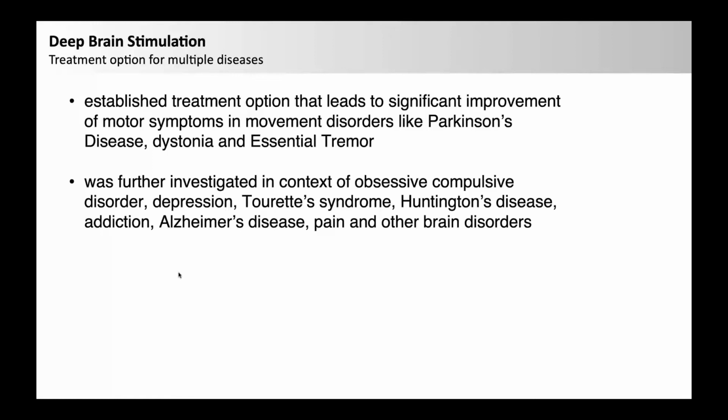And it was also investigated in the context of many other diseases. For example, as I would not have thought before I came into this field, obsessive compulsive disorder. So for OCD, after a few weeks of the implant sending out the stimuli continuously, people already have not so much problem anymore, and they are getting better and better. So this is great.